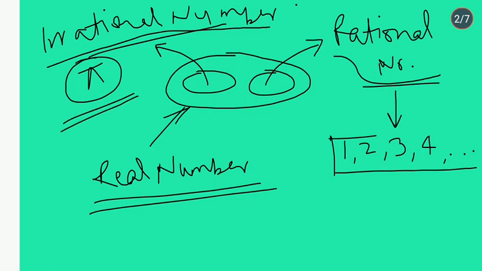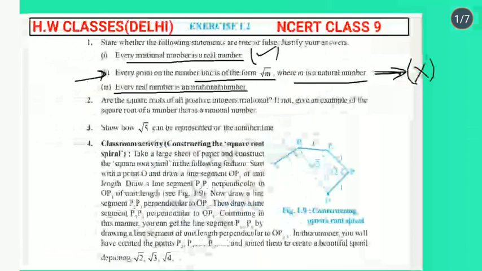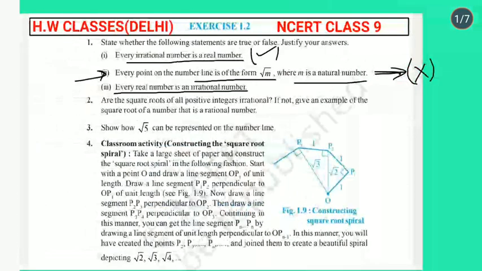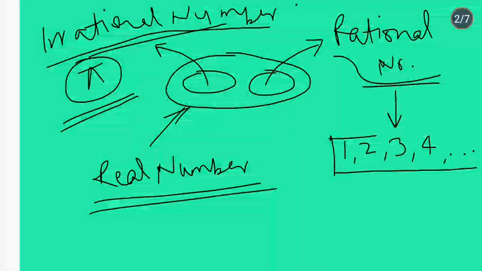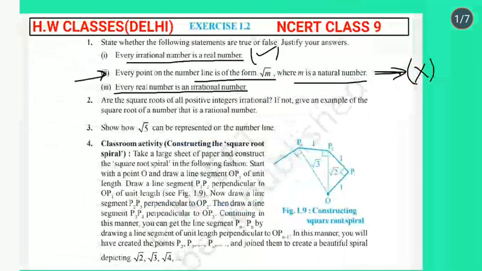So the statement showing every real number is an irrational number is incorrect, because we have real numbers like 1, 2, 3, 4, which are rational numbers. This statement is incorrect.